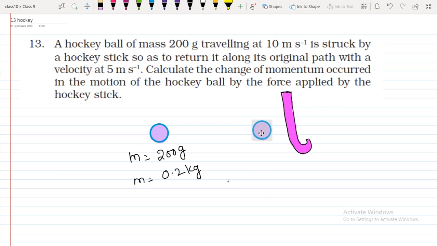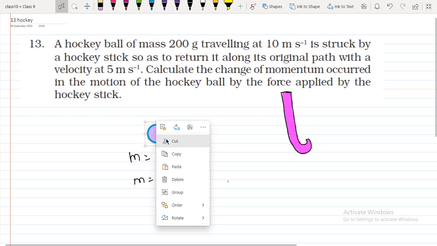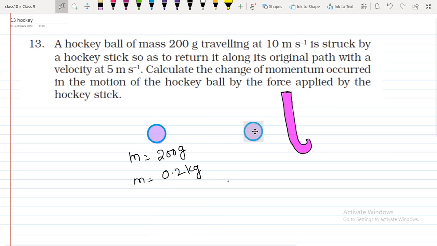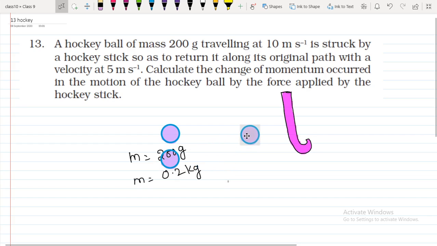The ball will return. So after hitting the hockey stick, again the ball is moving back. It goes all the way from here, strikes the bat and comes back. So this is the situation after hitting.